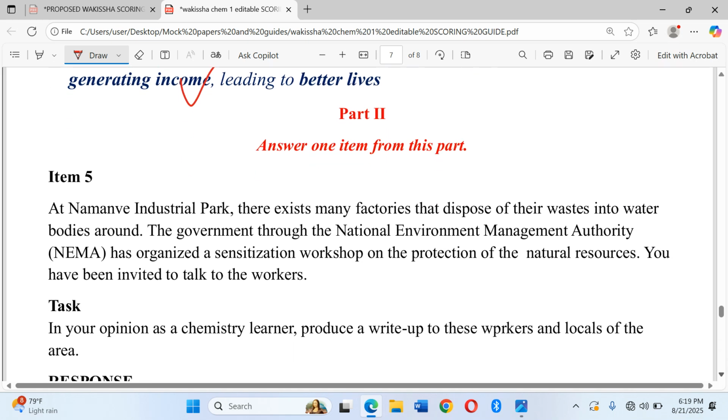Let's go to section B, part 2. Now, section B, part 2, this is one of the most interesting areas, which I believe by now most of us have mastered, and you can't allow any number to fail you under this section.